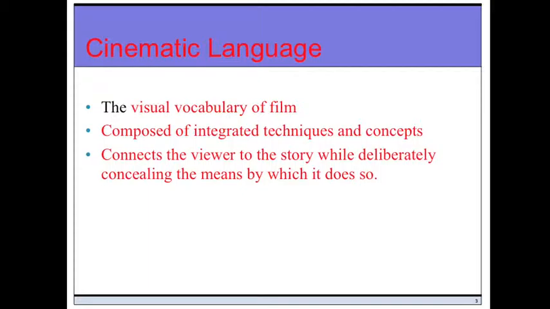So this is the official definition of cinematic language: it's a visual vocabulary of integrated techniques and concepts. What's important about cinematic language is that it gets the viewer connected to the story while deliberately concealing the means by which it does so.